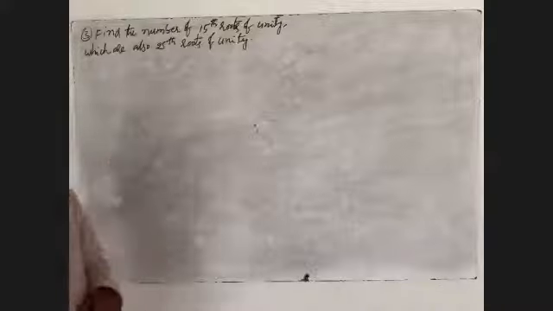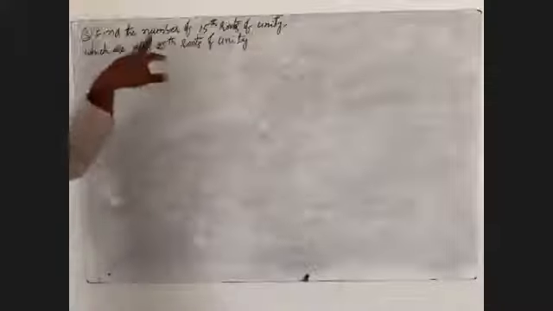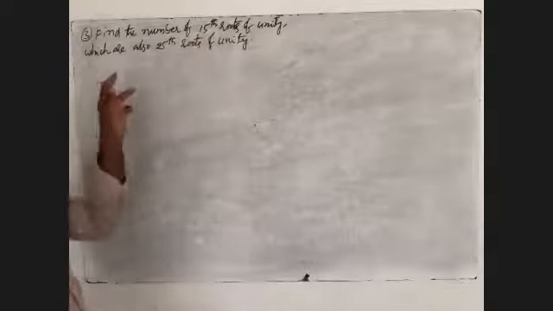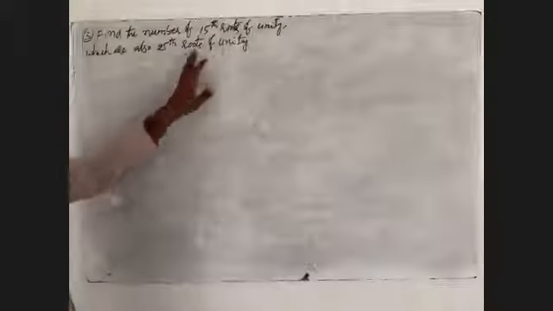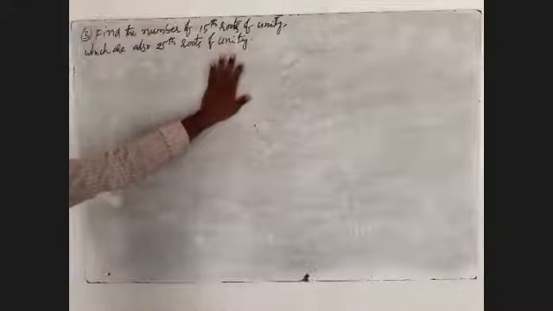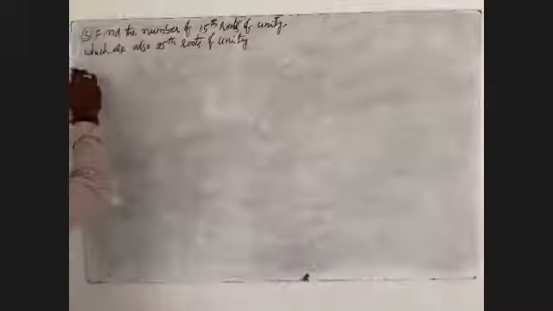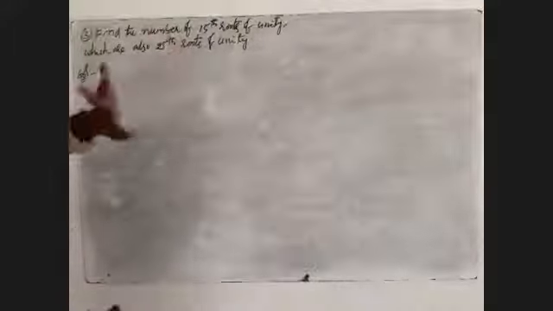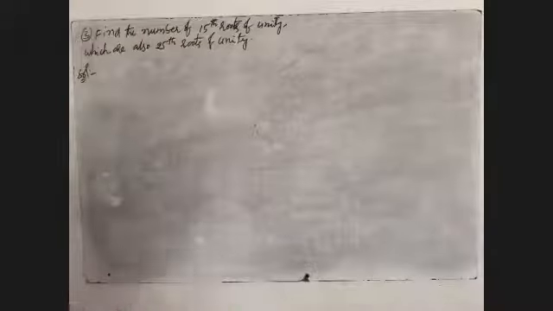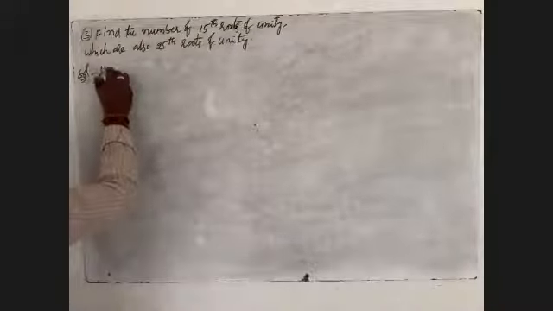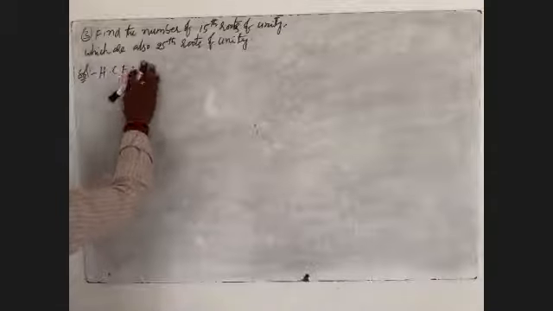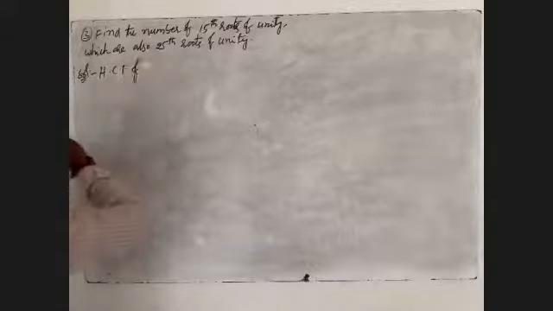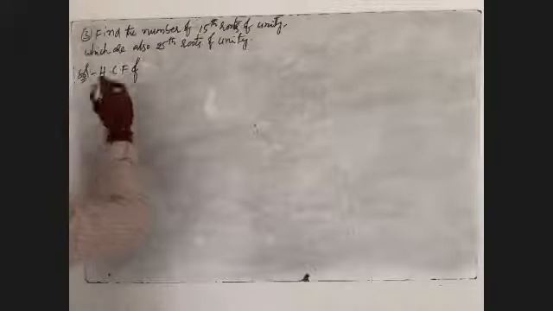Already we know from previous classes about common roots. Finding the number of 15th roots of unity which are also 25th roots of unity means we will find their HCF. First we write the HCF of 15, 25.